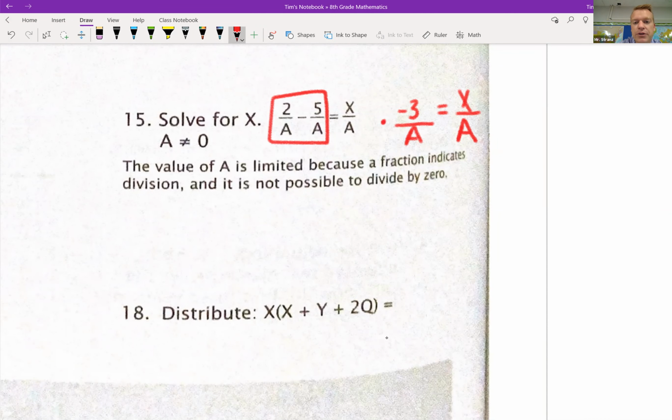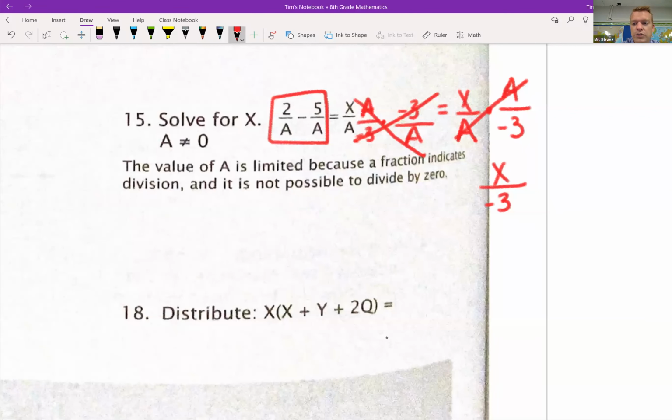By multiplying by the reciprocal, a over negative 3. I got to multiply this side by a over negative 3. Okay, the a's cancel, the 3's cancel. And on this side, the a's cancel, and I have x over negative 3, which I believe I just did that wrong. I did, of course.